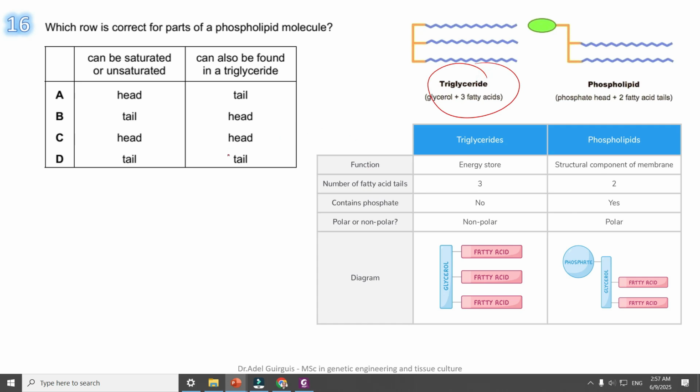The head is not found in triglyceride, so head is wrong, while tail is right for both, so the answer is D.